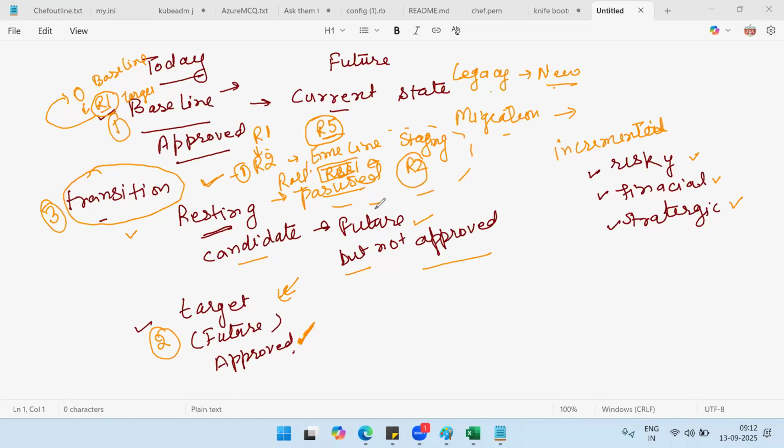Yeah, Amit. Yeah, hi Raman. Sorry, again on the transition only. As I understand, the transition state would be more like an intermediate step to achieve the target architecture, which will be based on the strategic directions of the organization and coming from EA.